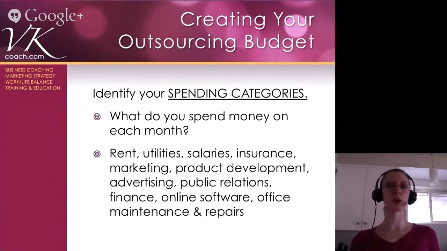Figure out what you're currently spending money on each month and how much, and include rent, utilities, salaries for any current employees, or what you're paying any current contractors, any type of insurance, your marketing expenses, product development, advertising, PR, any bookkeeper or accountant that you may be paying to do your books, any online software subscriptions you have, and any office maintenance and repairs that you need to set aside for your business. Make sure you know all of that.